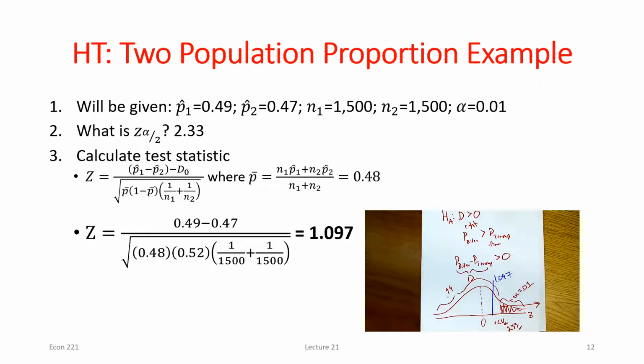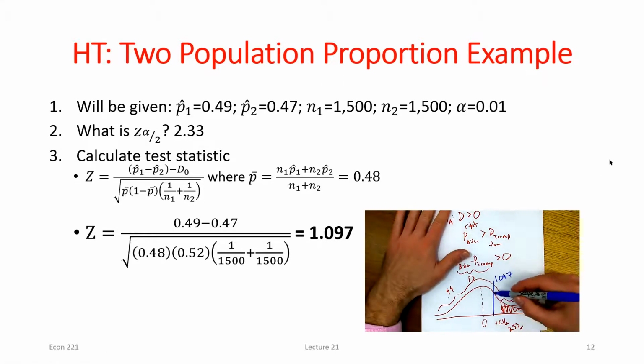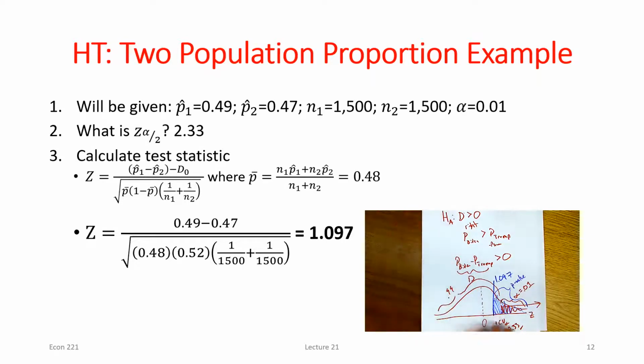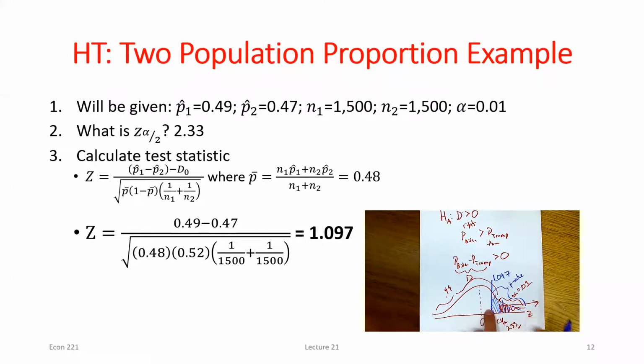Any questions on that? Okay. Now, I could have also used the p-value approach here. Remember, for a right-tailed test, the p-value would be the area to the right. I can visually already see my p-value is going to be greater than alpha here. But what exactly would it be?